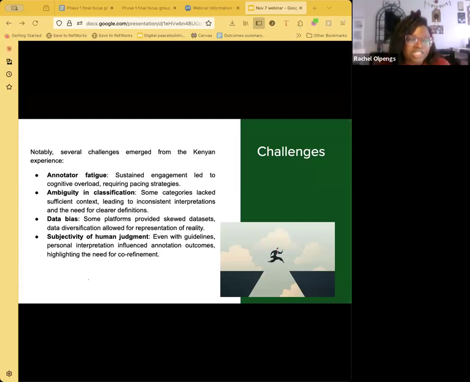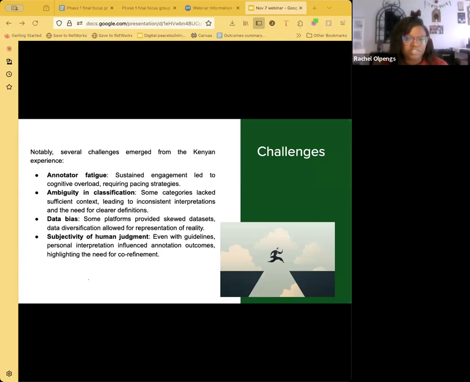Lastly, looking at subjectivity, of course, in as much as we had the different expertise within the room, and we had the definitions and the guidelines set out on how to annotate, based on your background or your culture, this would influence how you annotate, or how you interpret or understand some of this content.